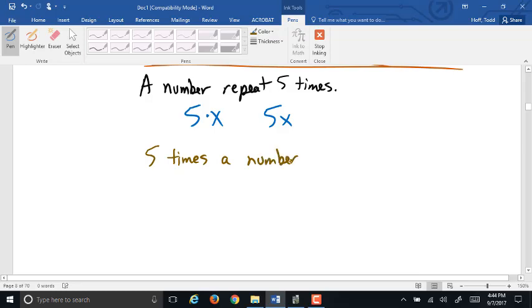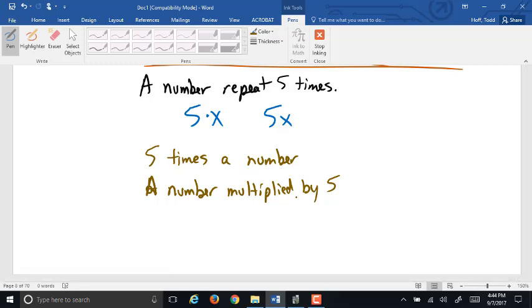I'll give you the obvious one. 5 times the number. A number multiplied by 5. For some reason, multiplication always seems to be the hardest one for me to think of, even though it happens so often.